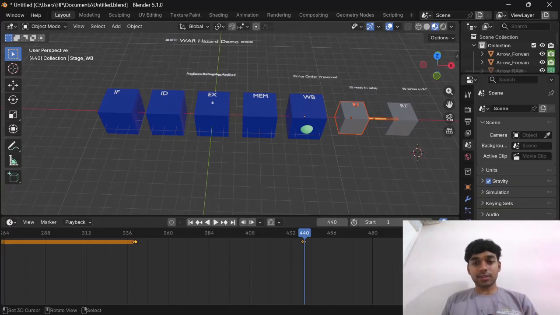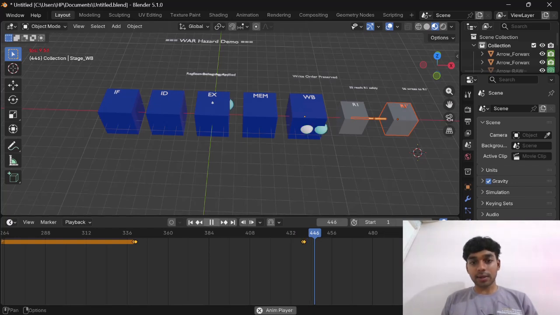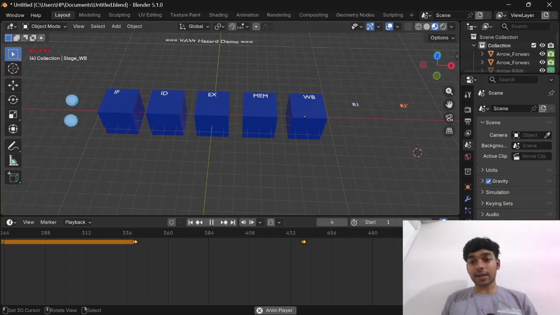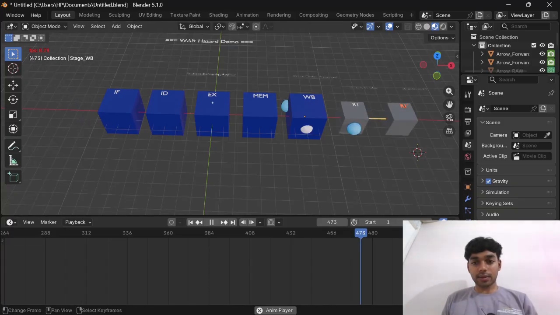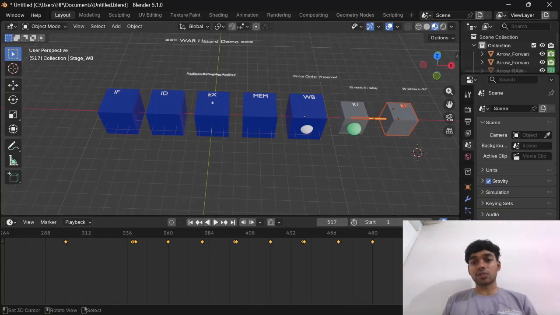Basically, the first instruction reads from this R1 register and the second instruction writes in this R1 dash register. Let us see it practically. This is the first instruction, it reads from the R1 register, and this one is the second instruction that writes back in the R1 dash register. This is how this dependency is solved.